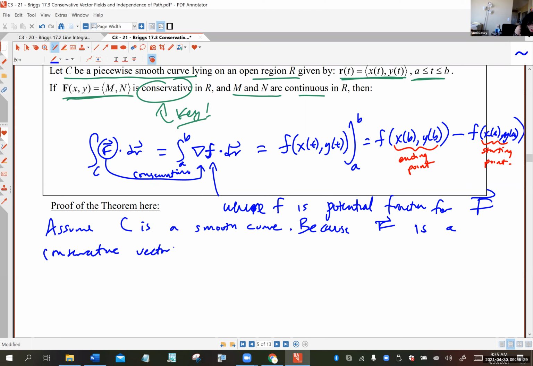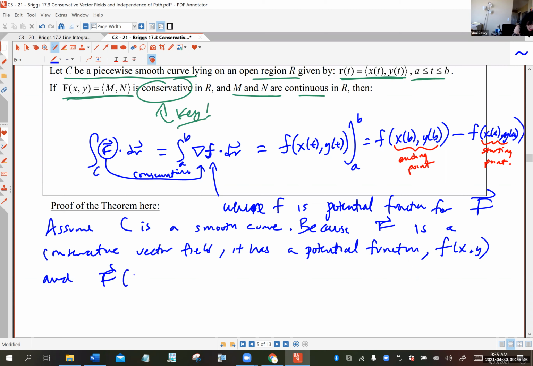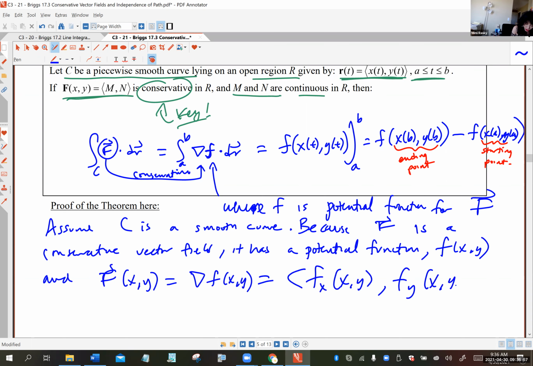Otherwise, you can't even use this theorem. Like, don't even think about it. Because that means it has a potential function, that scalar function we talked about, f(x,y). And the vector field F(x,y) is the gradient of the potential function, which means it has a special look to it. It's a vector that's got the partial derivatives as components.